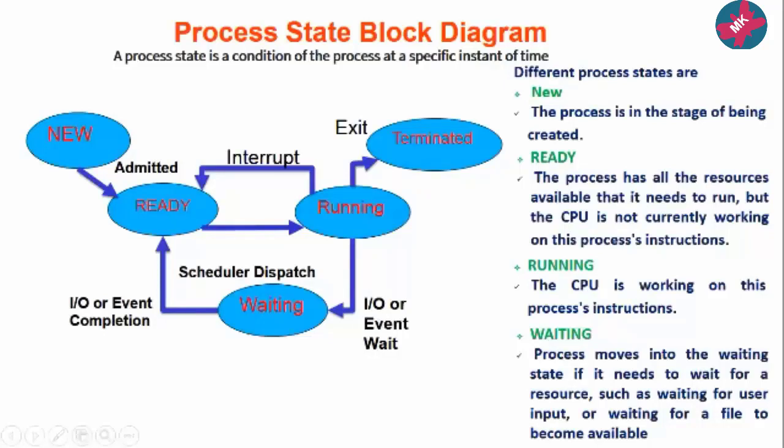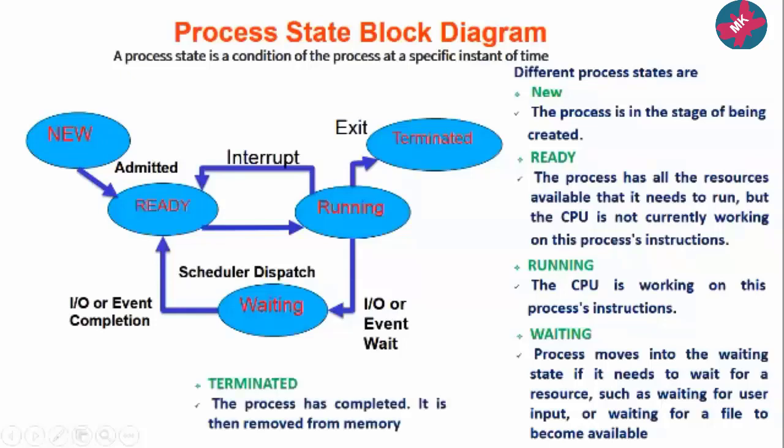A process will enter the waiting state if it needs to wait for a resource. Suppose it is waiting for input from the keyboard, or for some file present on some IO device. Till that is completed, it will keep waiting, and after that particular IO or event completion, it will become ready.